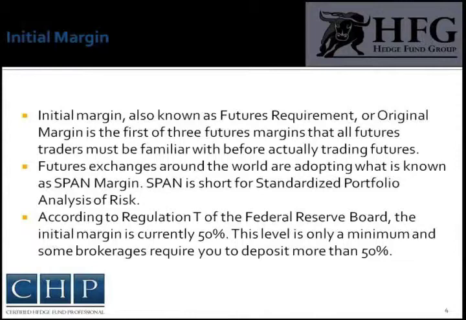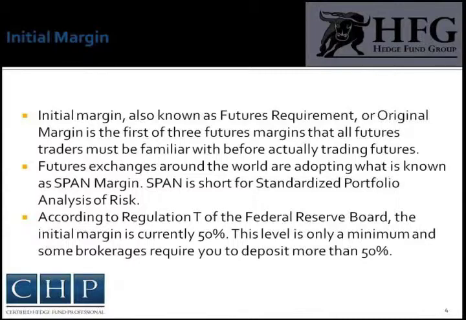Initial margin, which is also known as futures requirement or original margin, is the first of two margins that all futures traders must be familiar with before actually trading futures. Futures margin is one of the most confusing aspects of futures trading.